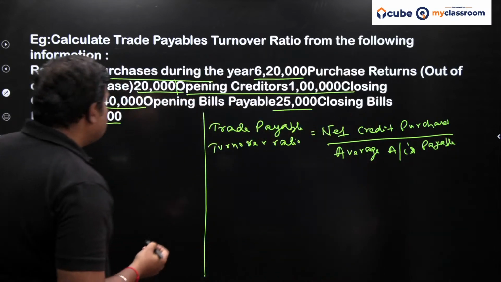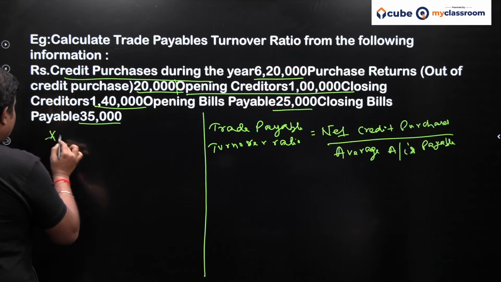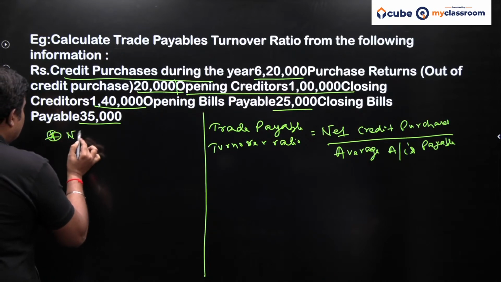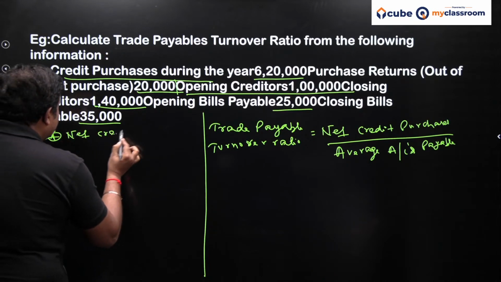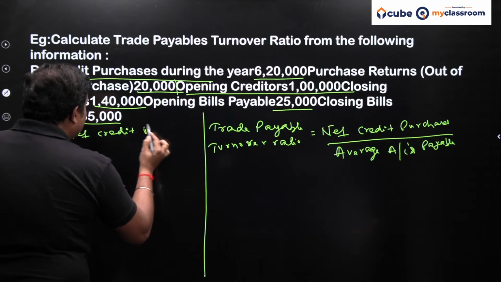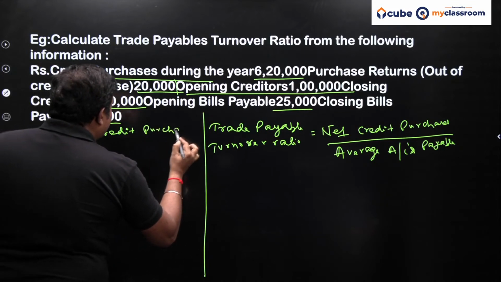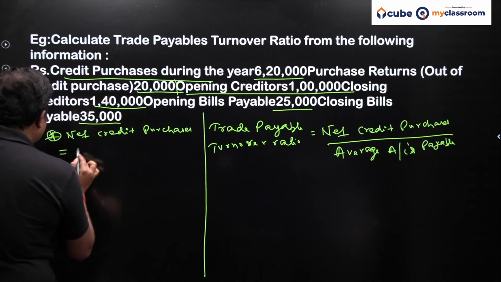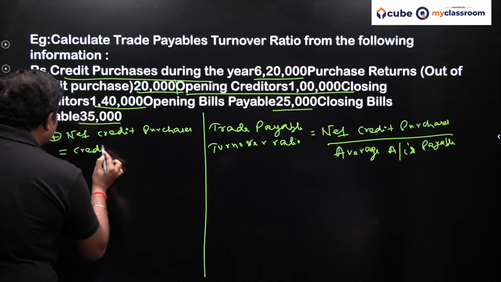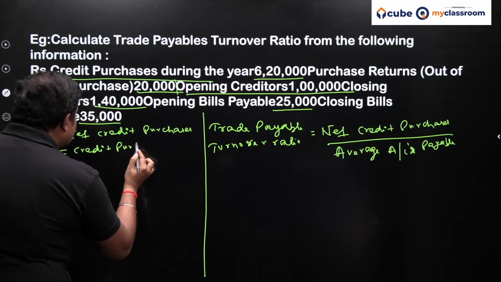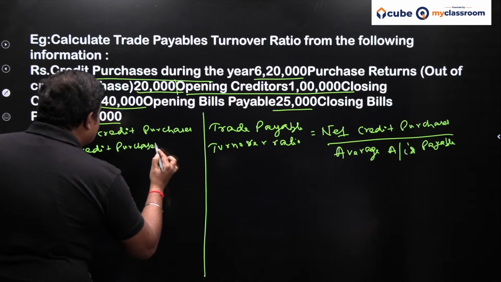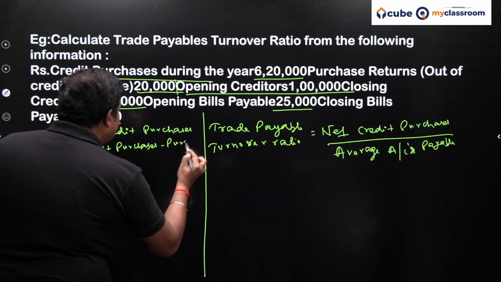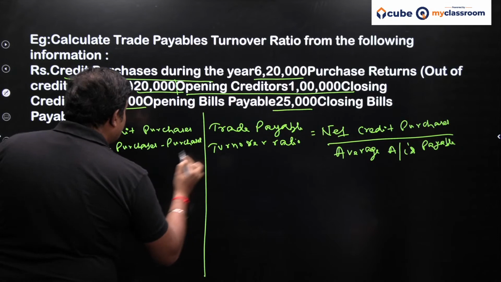So let's find this out. First of all, I'd like to find the net credit purchases, and the information is given here. Basically we have the credit purchases and we have the return also. So credit purchases minus purchases return will let you find out net credit purchases.